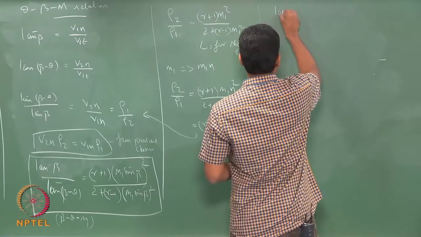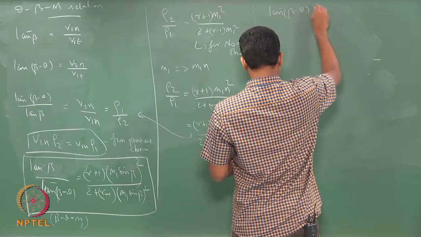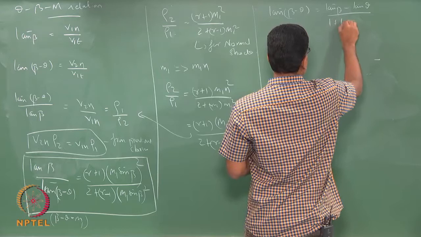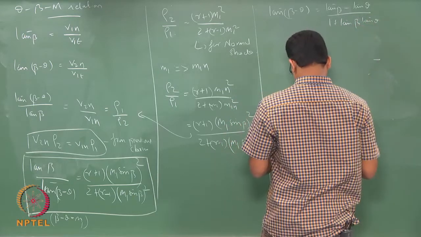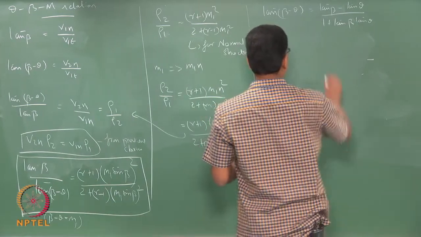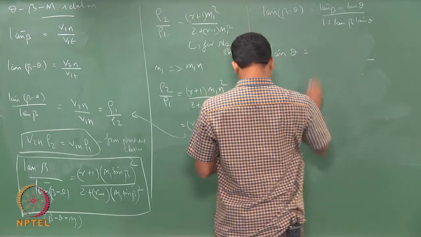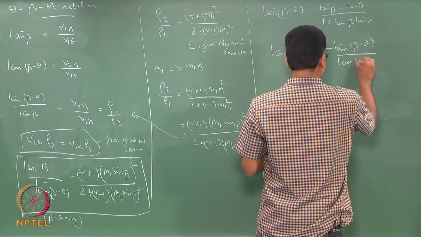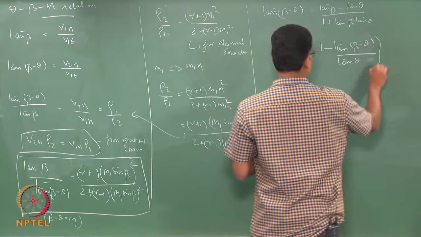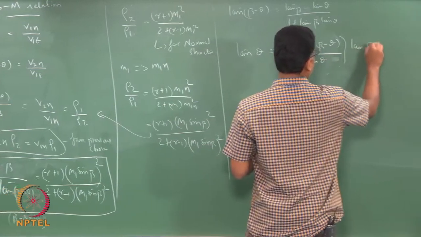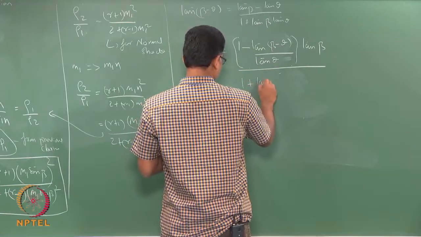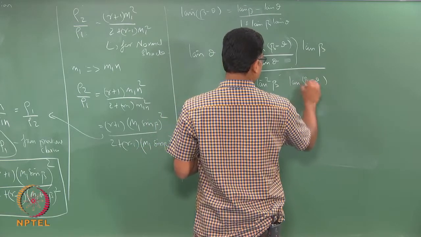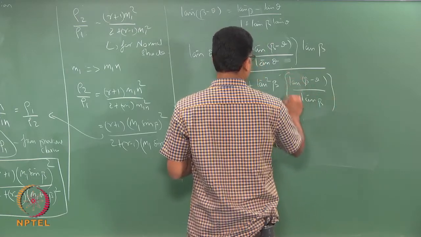So, if I use the trigonometric relation and reduce this further, I can get a relation like this. Okay.